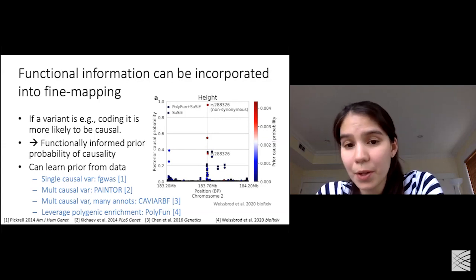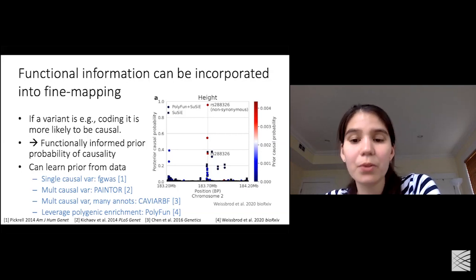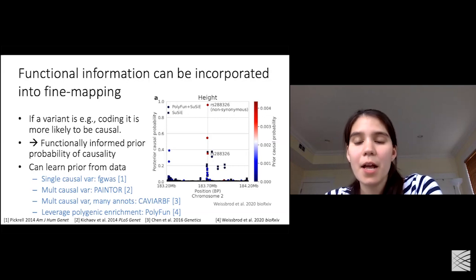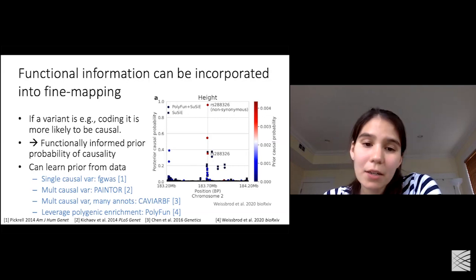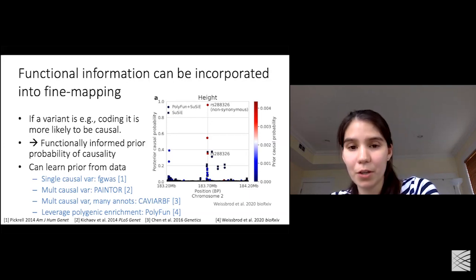For example, if your prior reflects true biology, then you'll get a more accurate posterior. And one disadvantage would be if you want to use functional information downstream to, for example, evaluate your fine mapping method.